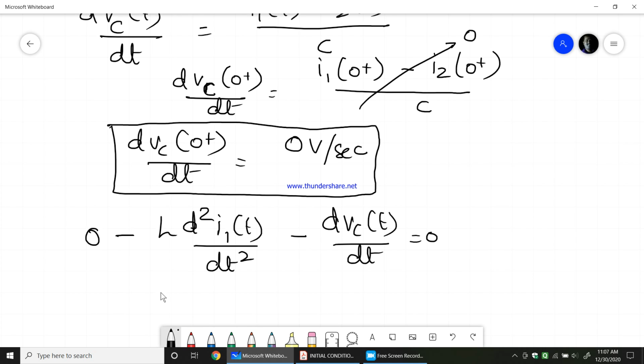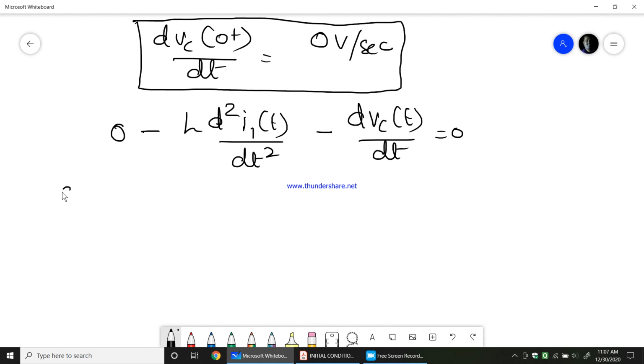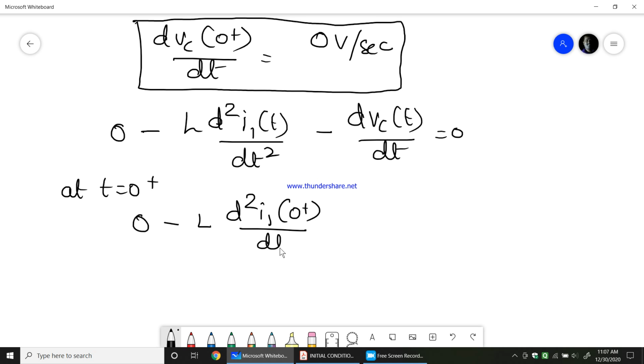Now at time t equals 0 plus, what happens? You see 0 minus L into d square I1 of 0 plus by dt square minus dVc of 0 plus by dt equals 0. Now we know dVc of 0 plus by dt is 0, right? Therefore, this will be 0.